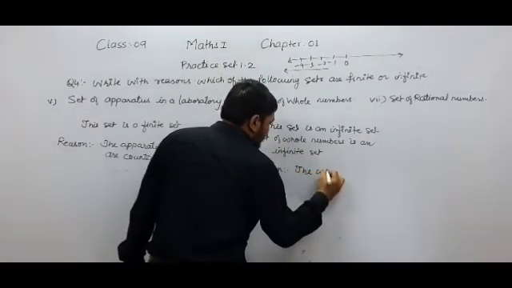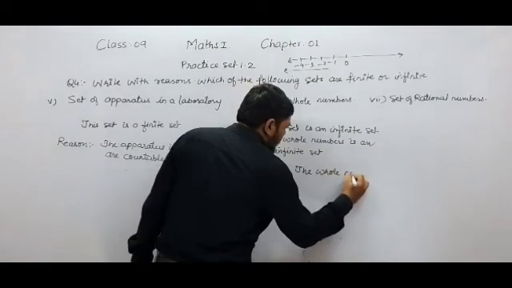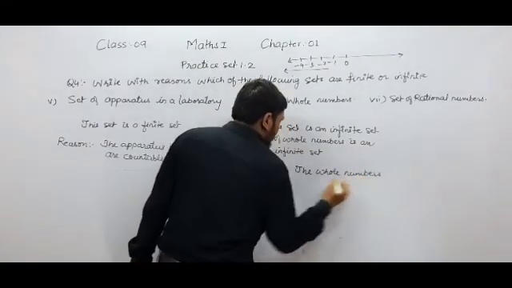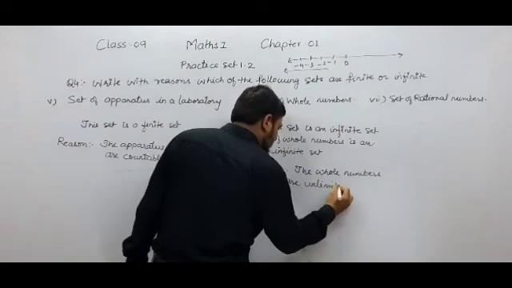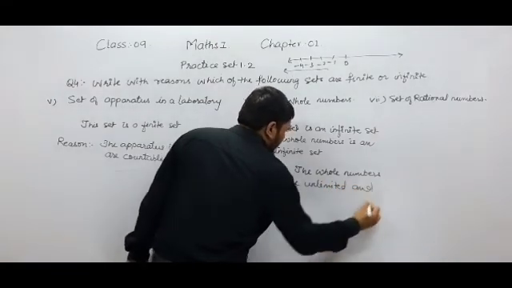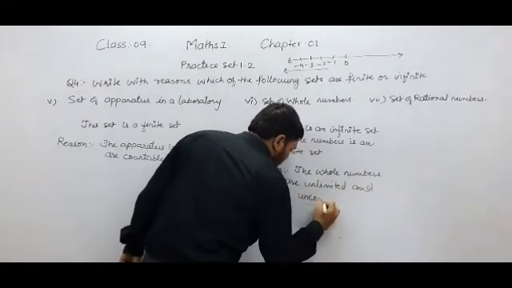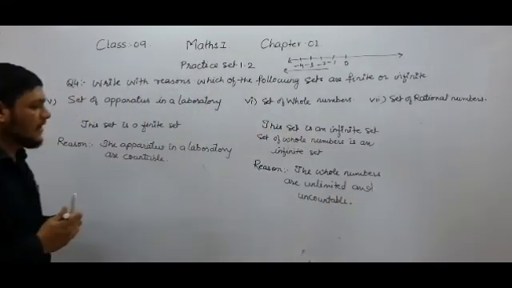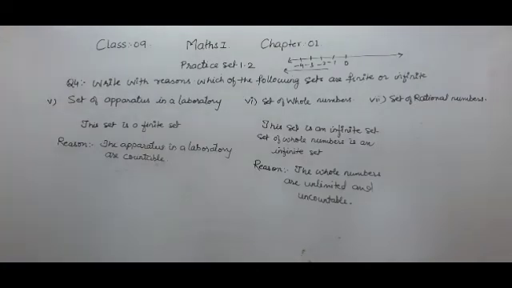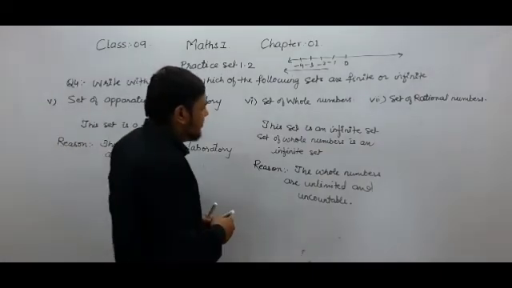The whole numbers are unlimited and uncountable. So student, in this way the set of whole numbers 0, 1, 2, 3, 4, 5, 6 and so on, this type of set is an infinite set.